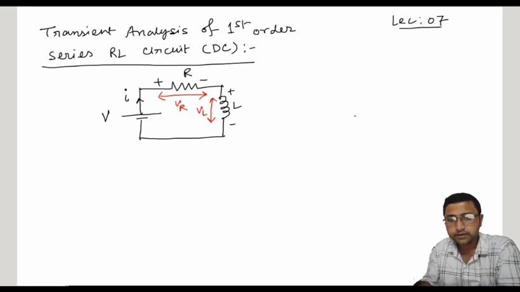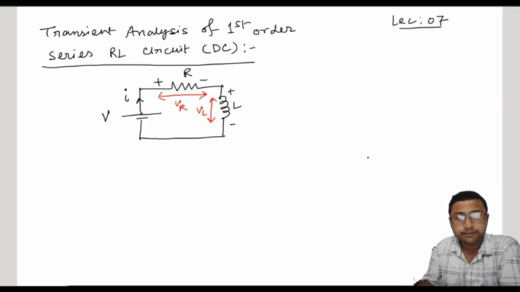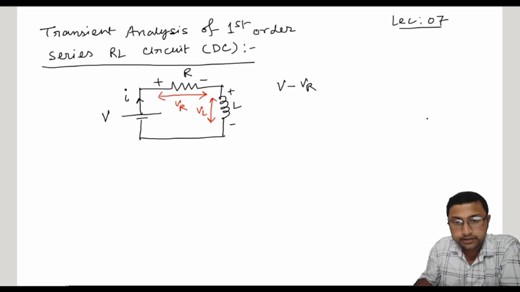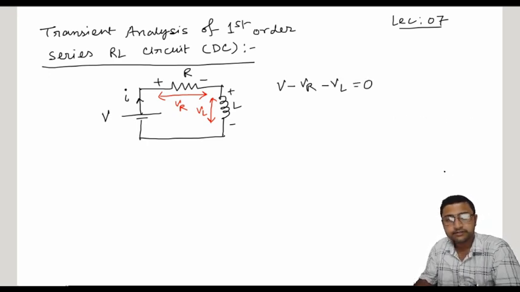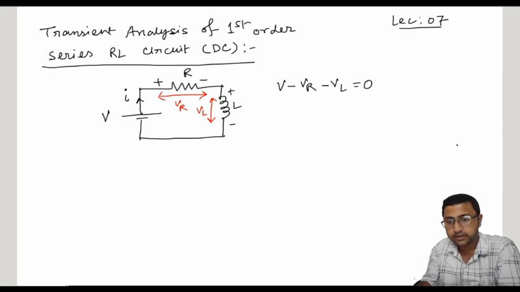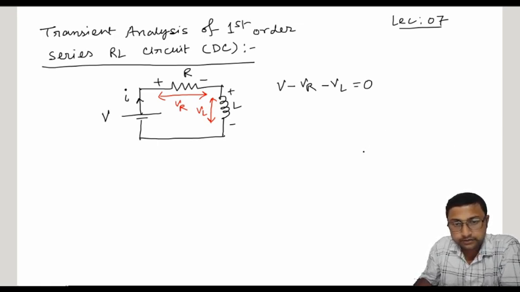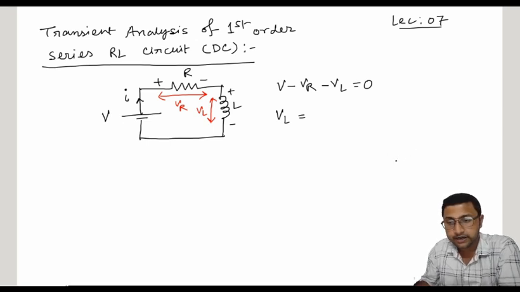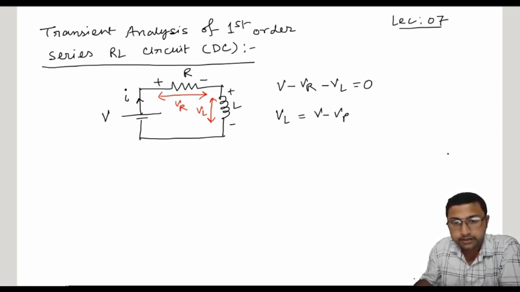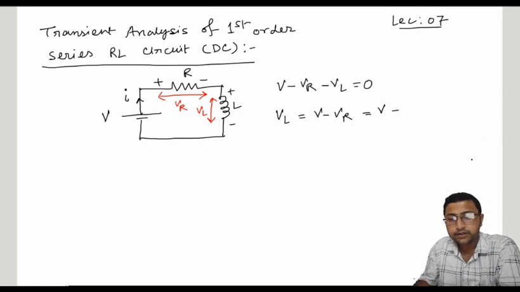If we simply apply KVL in this circuit, we can write V minus VR minus VL equal to 0. This is a simple equation. From that equation we can write VL, the voltage across the inductor, as V minus VR. What is VR?